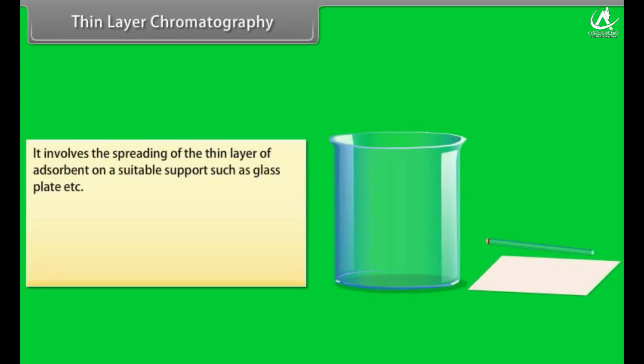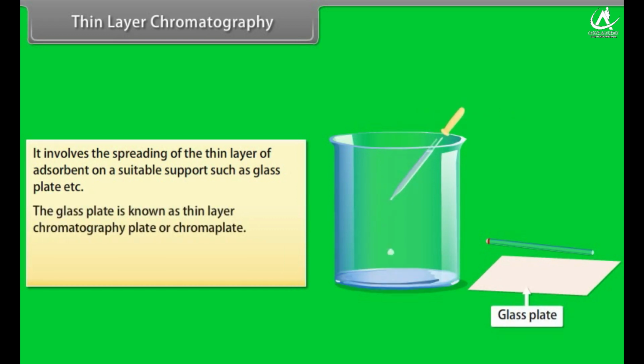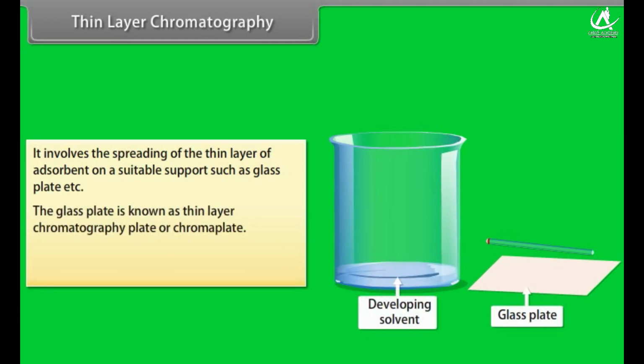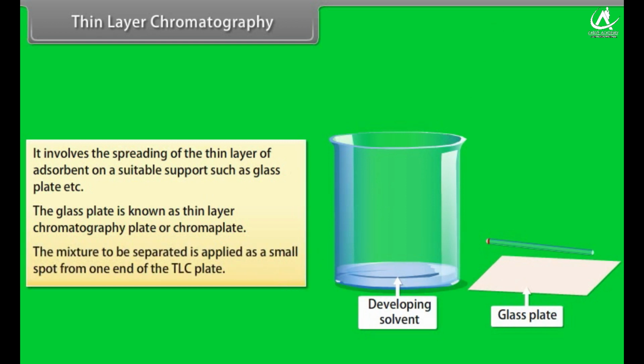Thin layer chromatography. It involves the spreading of a thin layer of adsorbent on a suitable support such as a glass plate. The glass plate is known as thin layer chromatography plate or chroma plate. The mixture to be separated is applied as a small spot from one end of the TLC plate.